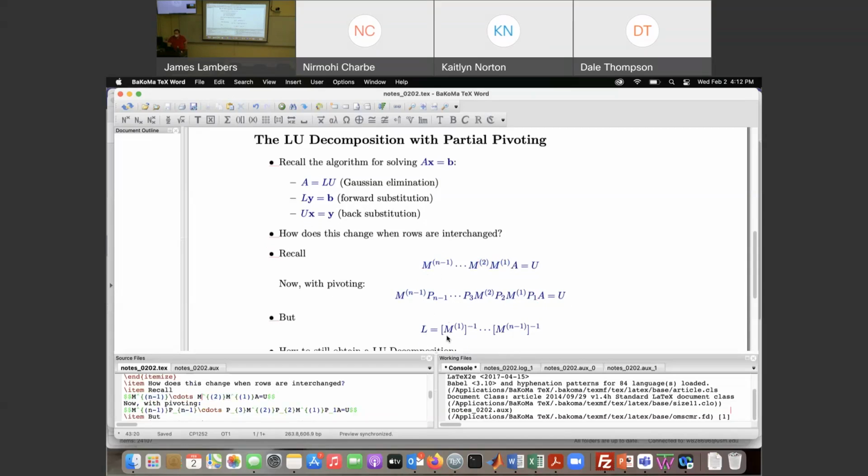But L is all these multiplied together, and now these matrices have this interlacing going on with the permutation matrices. And matrix multiplication is not commutative. We can't just move these around so that these come together. So if we're going to get an LU decomposition out of this, it's not going to come from just taking these M's and multiplying them, or multiplying their inverses. So we have to look at this process more closely.